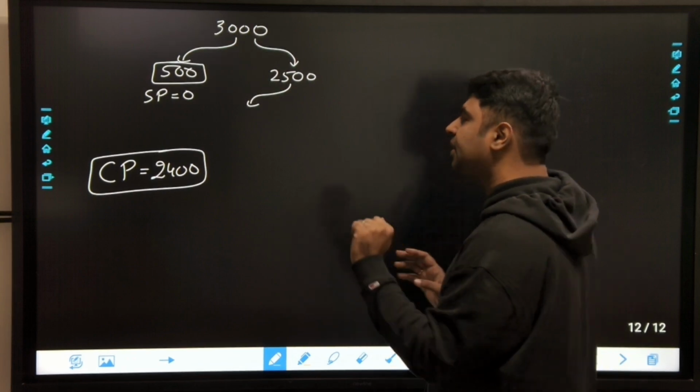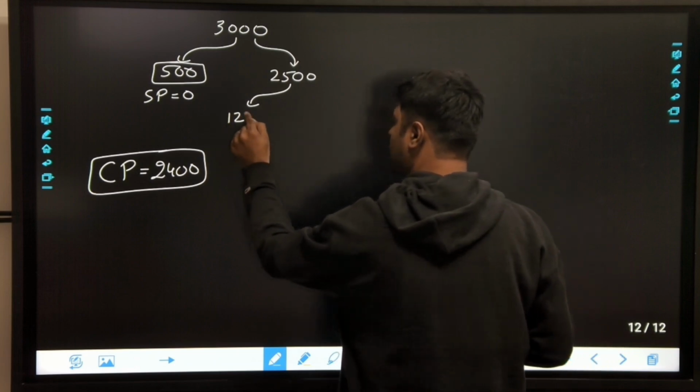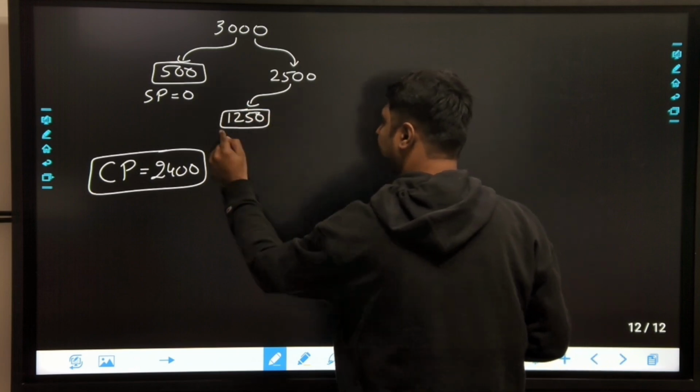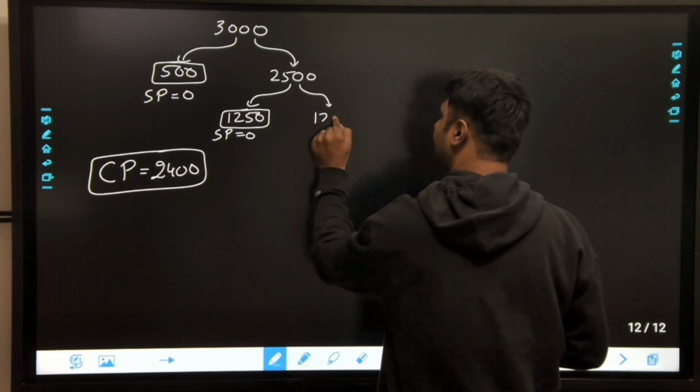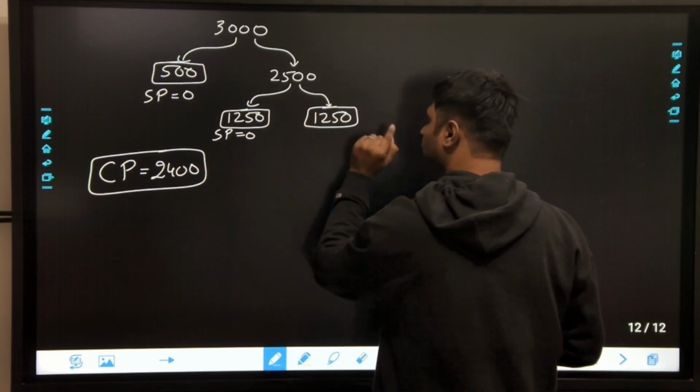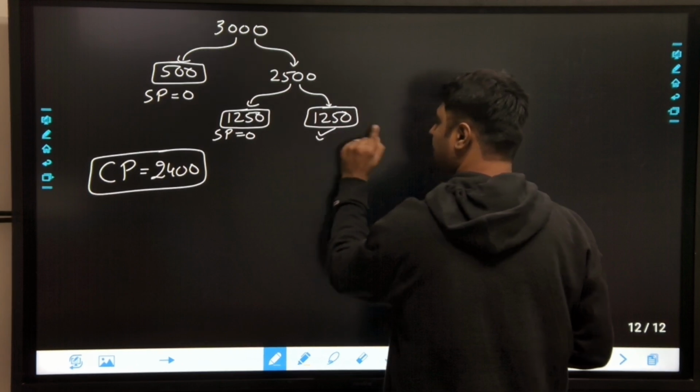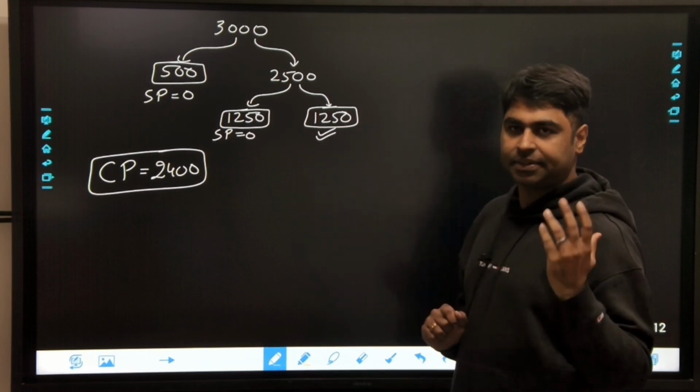So the money which came was for 1250 softwares, and the selling price of the other 1250 turns out to be 0. That means only 1250 softwares were sold for some money here.